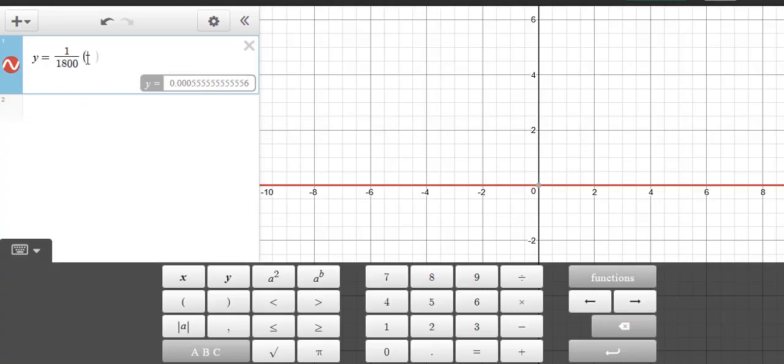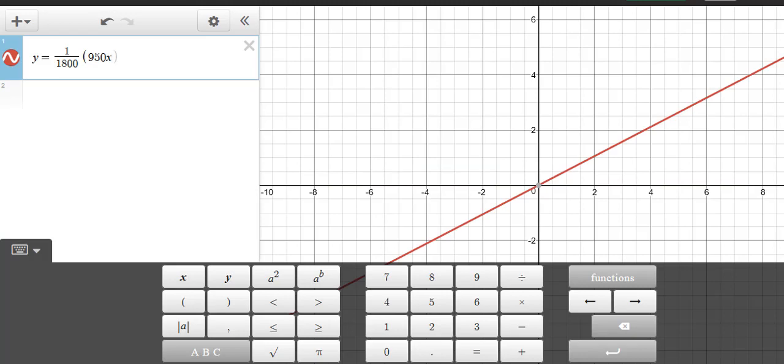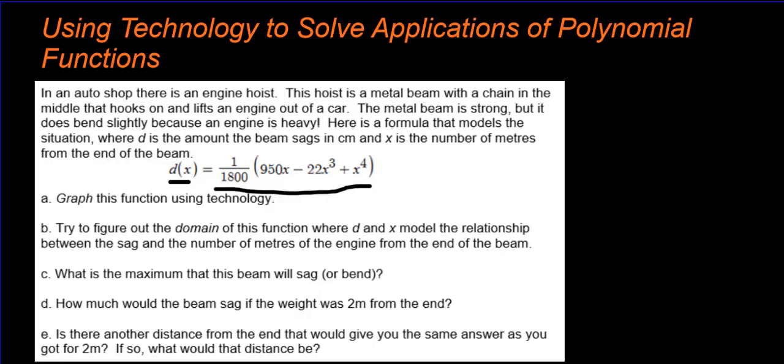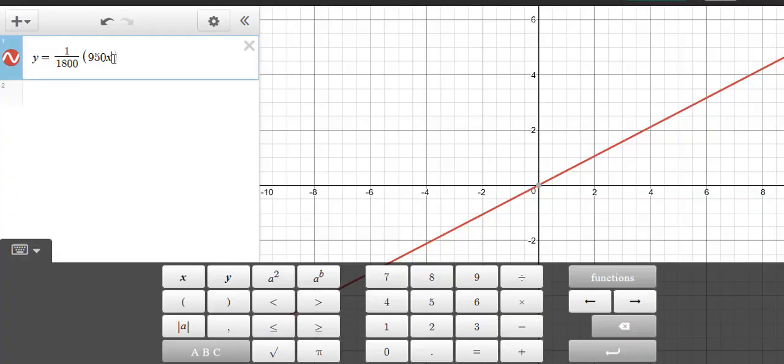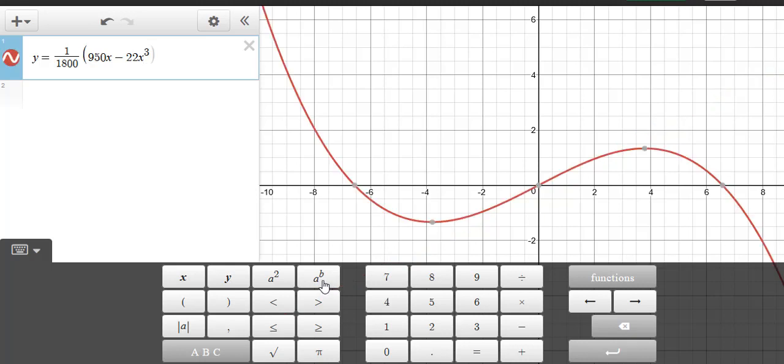And then in brackets, 950x, minus 22x cubed, minus 22x. To do a cubed, you hit the button that looks like a with the exponent b, and then we want a little 3 there.